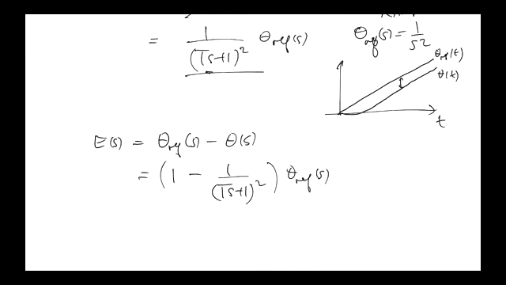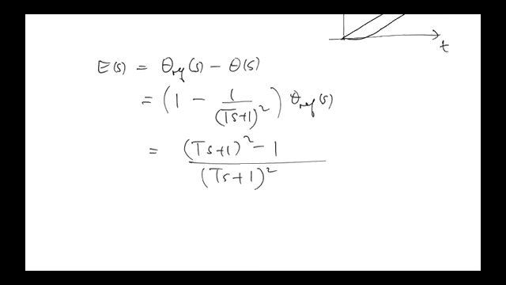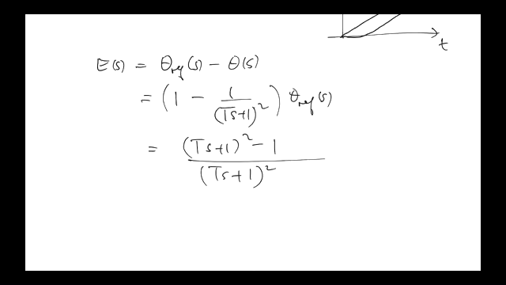So all we're using here is that theta s is this transfer function times theta ref, okay? And so you can see that we're going to end up with ts plus 1 squared minus 1 divided by ts plus 1 squared times theta ref, okay, and we're saying that theta ref is 1 on s squared, okay.